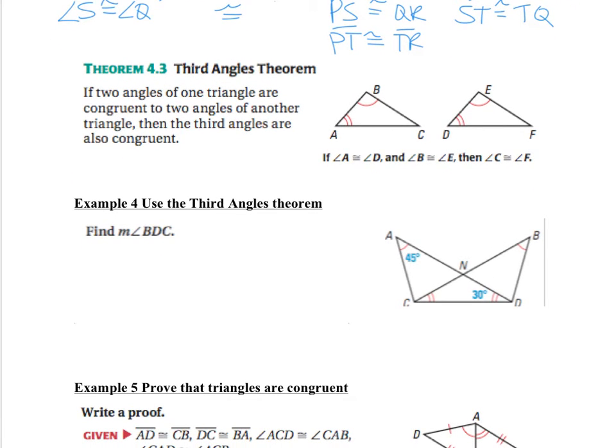Okay, the third angles theorem just says that if you have two angles of one triangle congruent to two angles of another, then the third angles are also congruent.